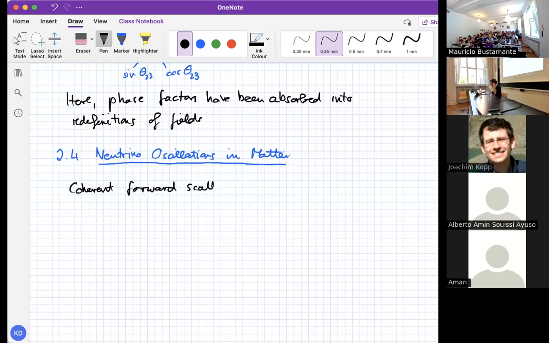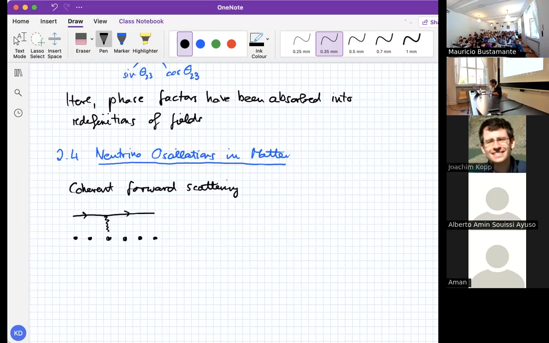And coherent forward scattering is a process in which a gauge boson is exchanged, but no momentum is transferred. So imagine you have here the matter that the neutrinos are traveling through. So there's, let's say, the individual atomic nuclei. Here is the neutrino.